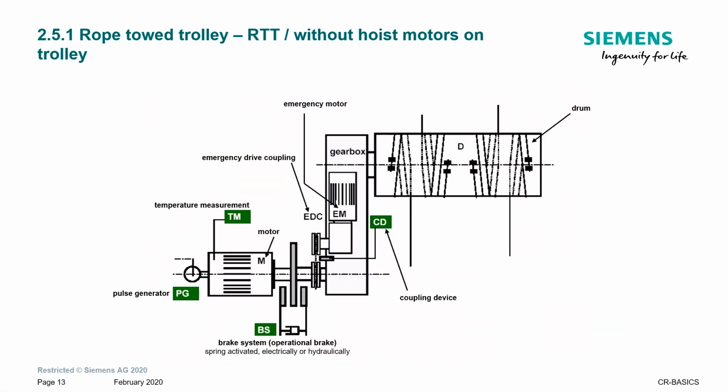Next one, now we see here an overview of the hoisting motor of our RTT system, where you see as one indication always, if you see such a picture here, the 4 cable on the drum, which will move the trolley forward and backward. We start from the other side with the motor.